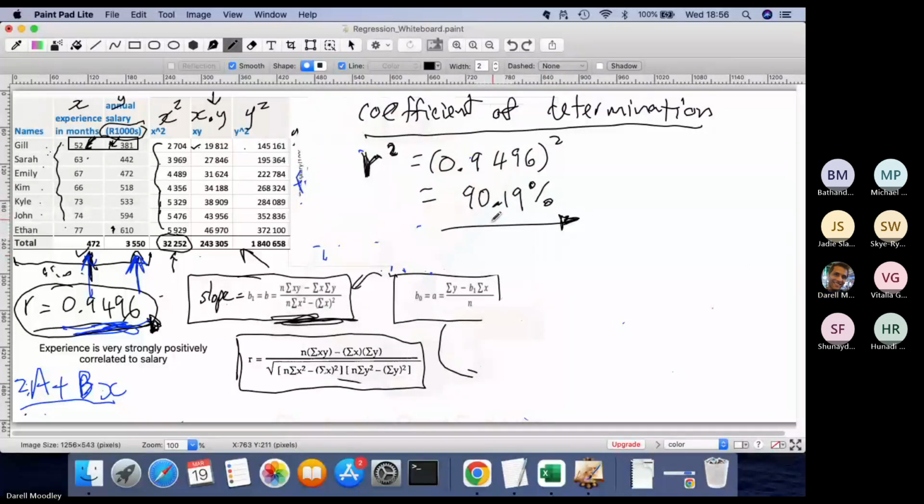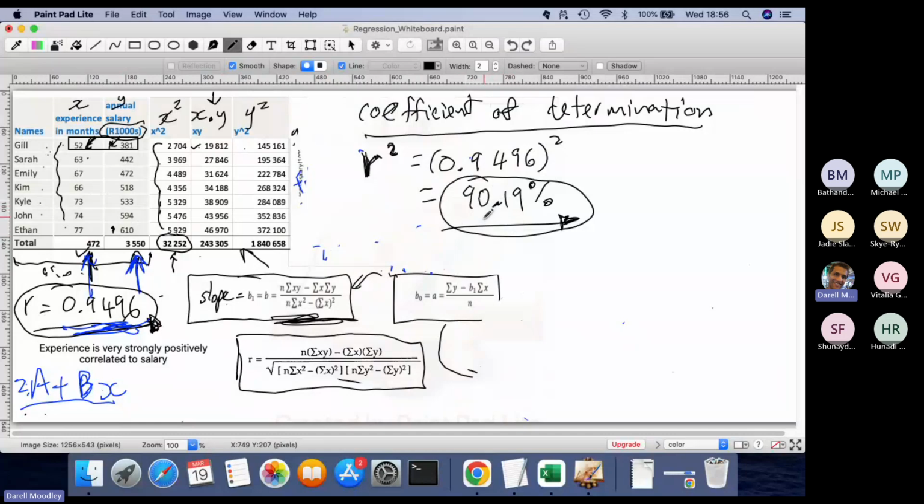Okay. And how you interpret it, well, all this value tells you is that that's the amount of variation of your y that can be explained by your x. In general, that is the interpretation. Now, ideally, you want this value to be high.